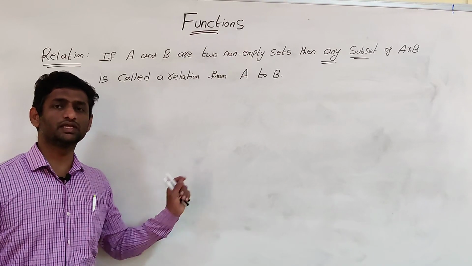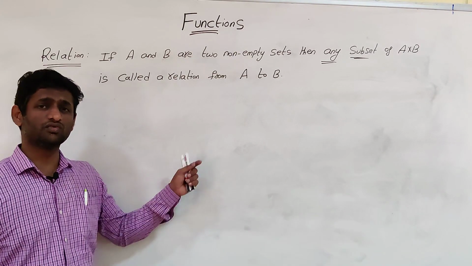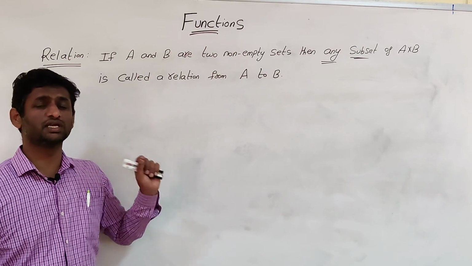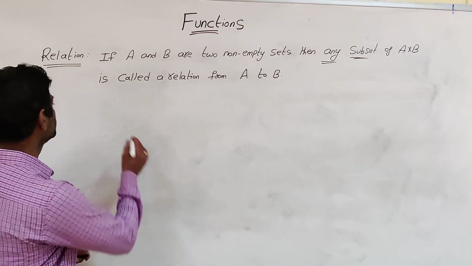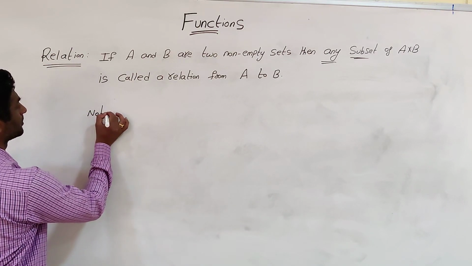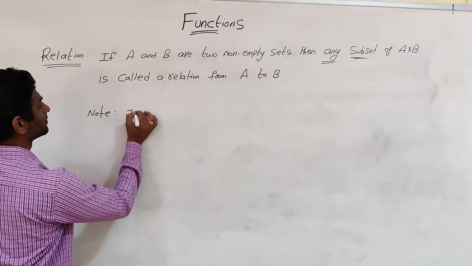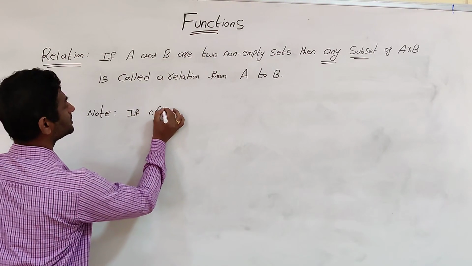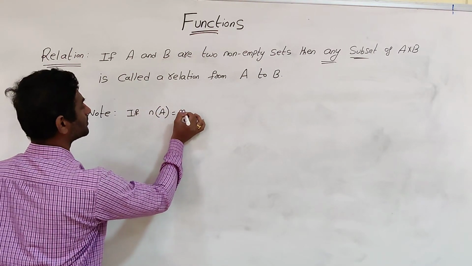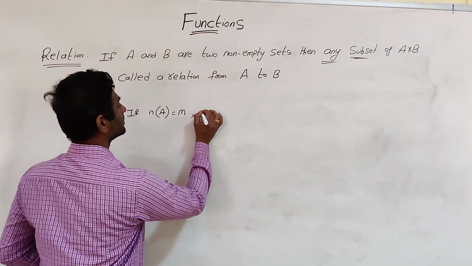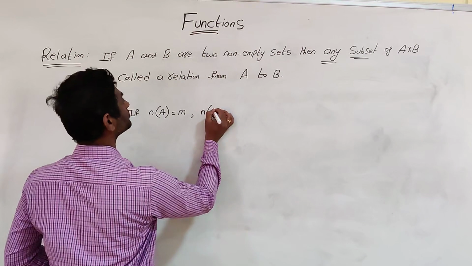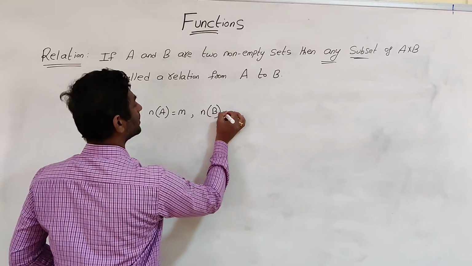As we have seen in the example, we will now generalize how many subsets, how many relations exist from A to B. Suppose the number of elements in set A is m and the number of elements in set B is n.